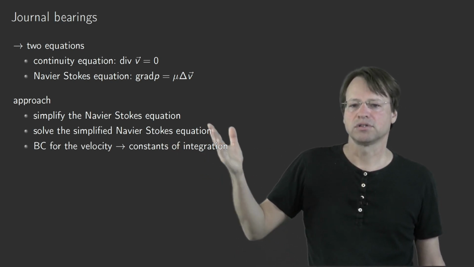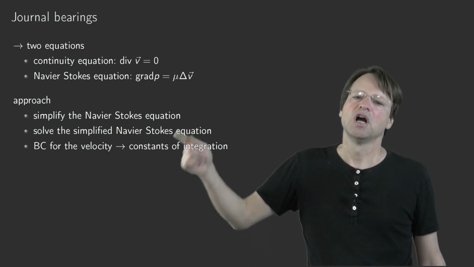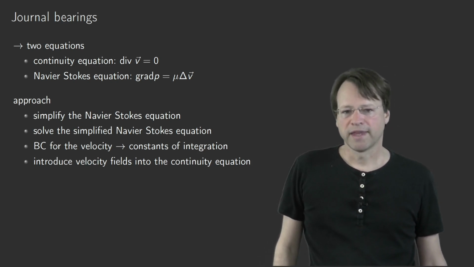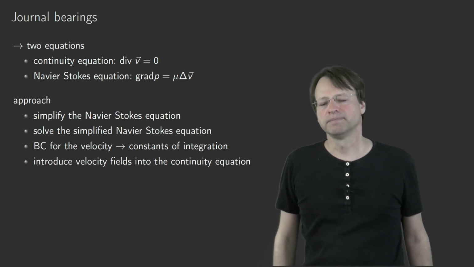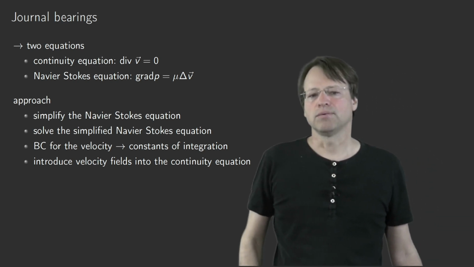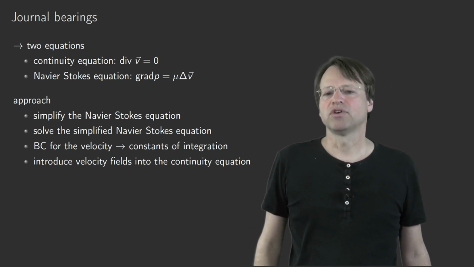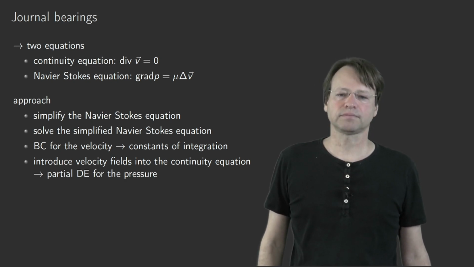These are the constants of integration for the solution of the simplified Navier-Stokes equation. Plug everything into the continuity equation. We will do something more. We will average the continuity equation in radial direction. I will explain that later on, not in this video. And finally, we then deduce a partial differential equation for the pressure.